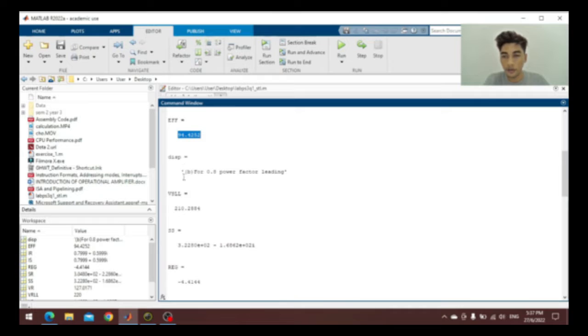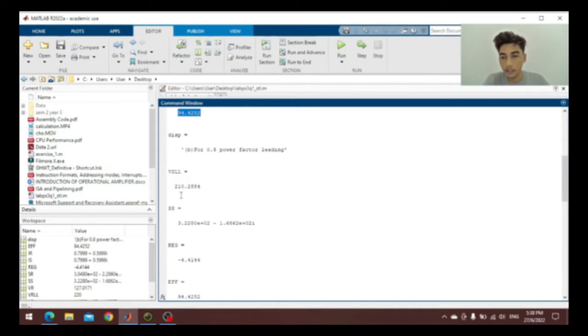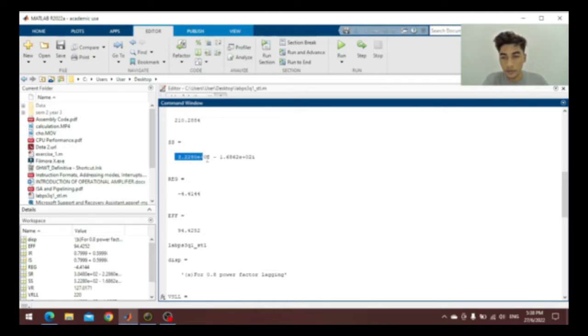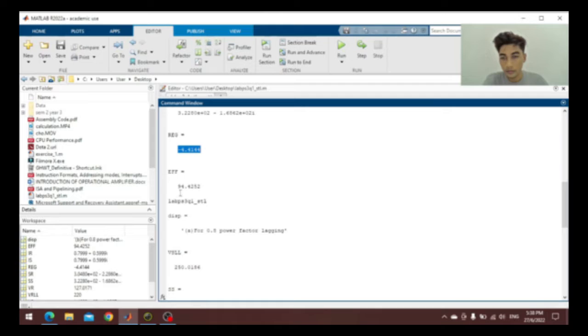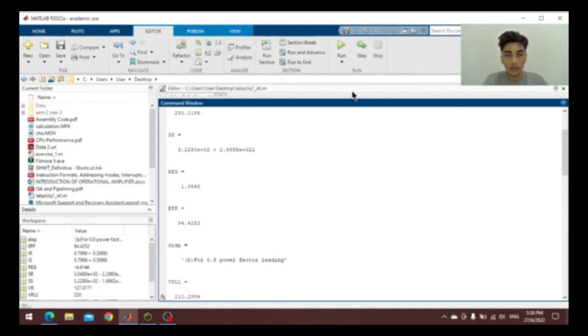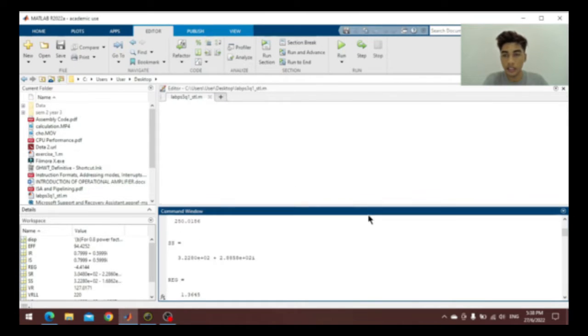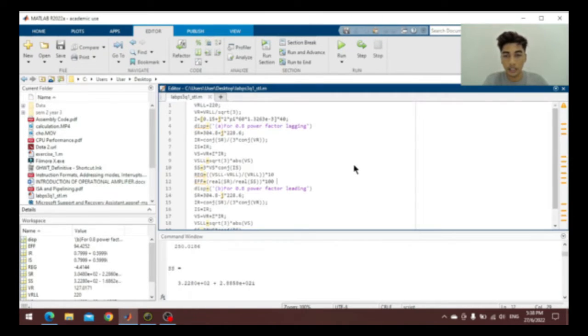Then for question B, with 0.8 power factor lagging, the value of VSLL is 210.2884, and SS, REG and EFF have these values. So that's all for short transmission line question number 1.